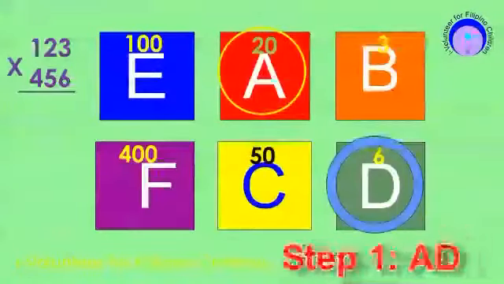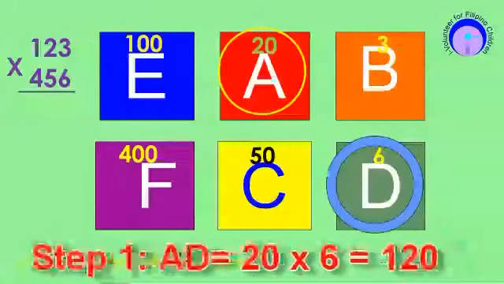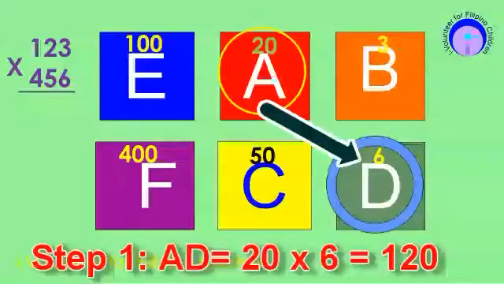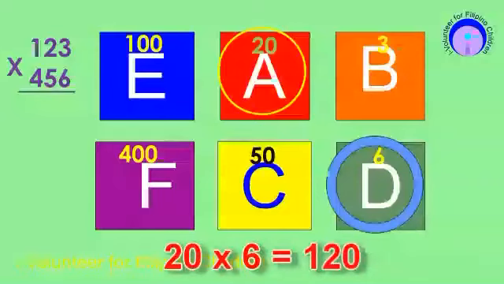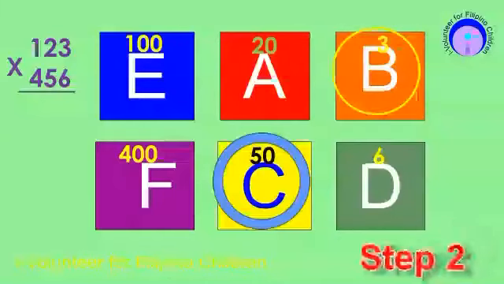Step 1. Find the product of A and D. 20 times 6 is equal to 120. Don't forget your answer. This will be added into the next step. 120 is the answer. Step 2.